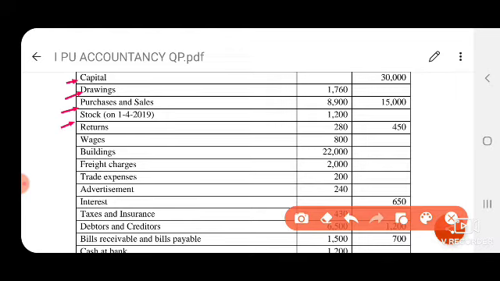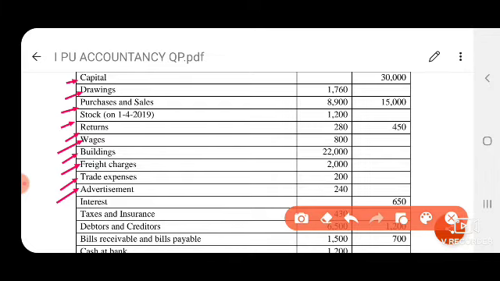Stock on 1/4/2019 is an opening stock, trading account. Returns, purchase return and sales return, trading account. Wages trading account. Building is an asset, goes to balance sheet. Freight charges trading account. Trade expenses PL account.